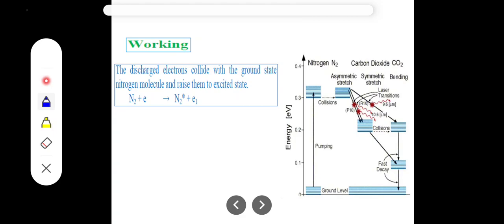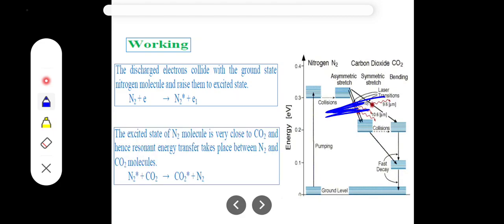Through inelastic collision between the nitrogen atoms and carbon dioxide molecules, the carbon dioxide molecules are excited. The carbon dioxide molecules have three modes of vibration: asymmetric, symmetric and bending modes. In this inelastic collision, the carbon dioxide molecules absorb energy from the nitrogen atoms.